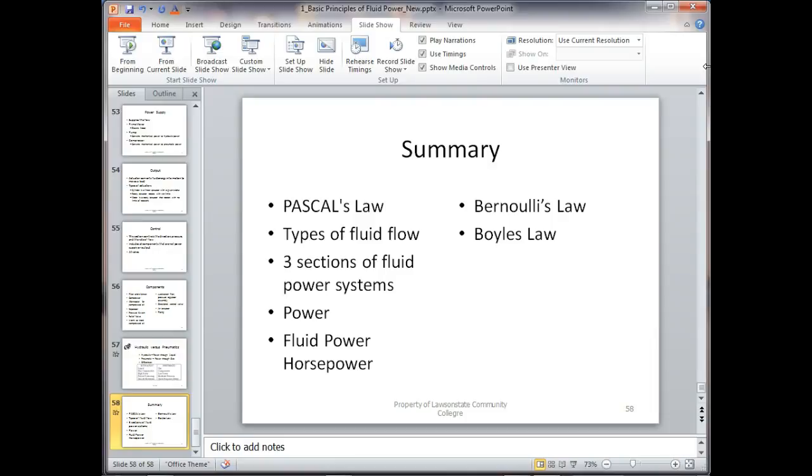There are several laws in this chapter that we need to go over that are not in the PowerPoints.